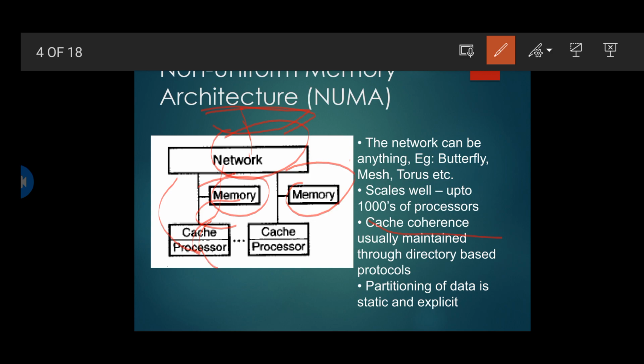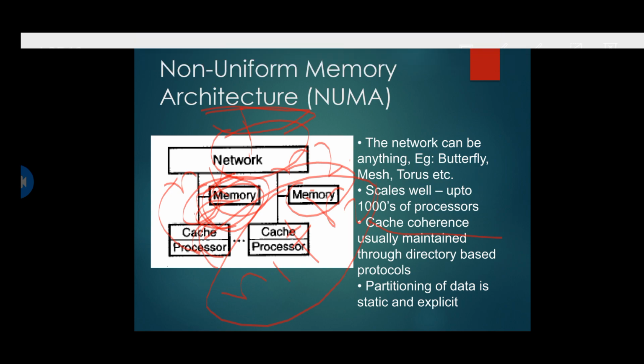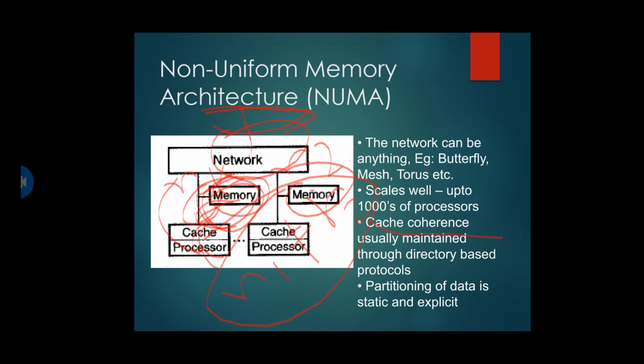Due to the different architecture, fetching from one place may take n1 time and from another n2 time, where n1 may be equal to n2, but in most cases it won't be equal. That's why the time isn't the same, and that's why we call it non-uniform memory architecture, NUMA.